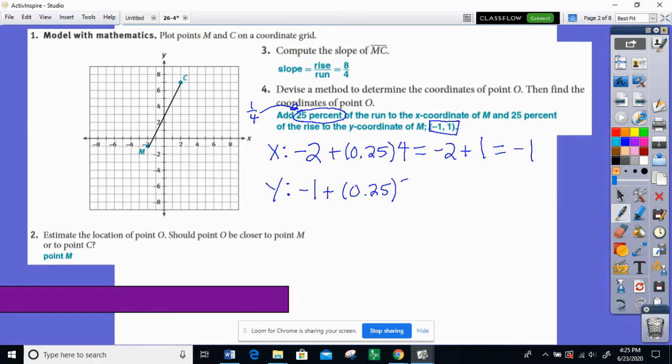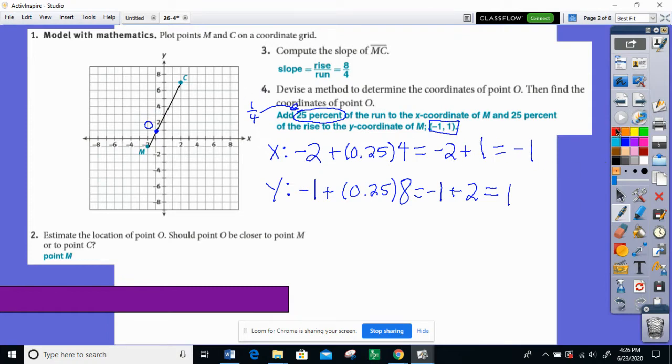What was the rise? The rise was 8. So when we evaluate that expression, that's -1 plus 0.25 times 8 is 2. -1 plus 2 is how we get 1. So that gives us the coordinates for point O right there.